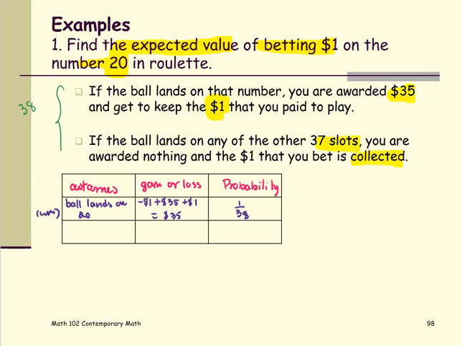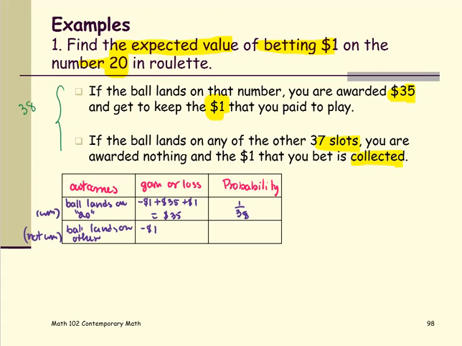For the second outcome, that means you don't win. So the ball lands on other numbers. You pay $1 and you don't get anything. So the net loss is going to be 1.